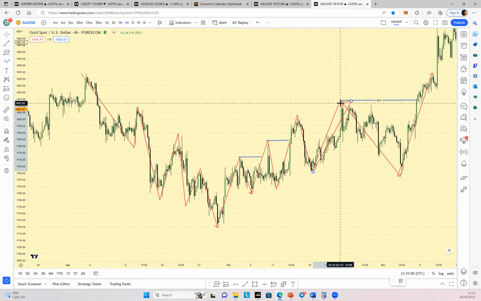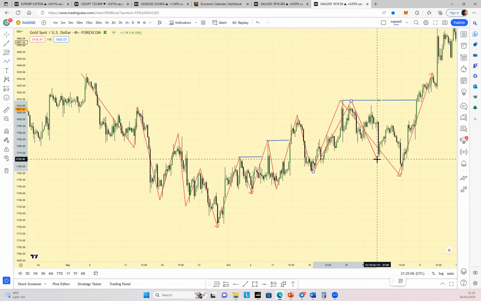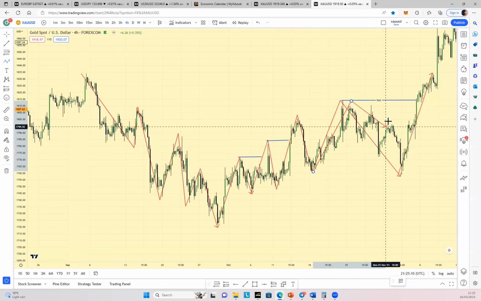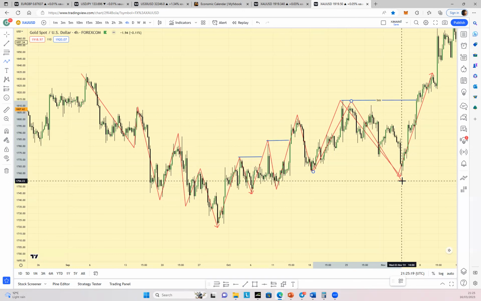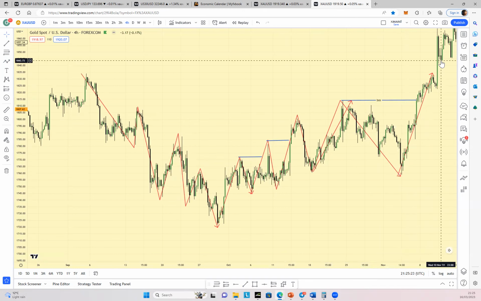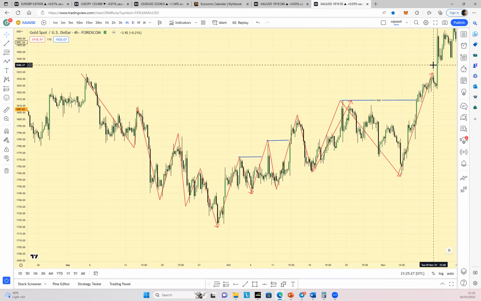I cannot take this because this bit did not break the high either. So I need to find a brother or sister that helped break the high. It was this that helped break this high. So that is why my trend has gone to the upside.